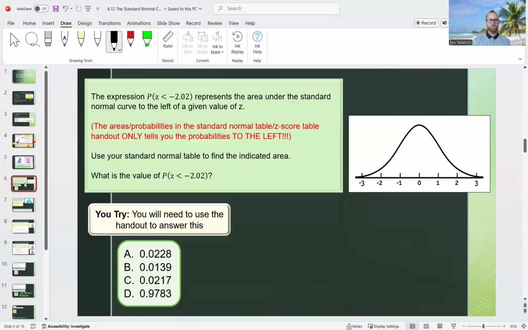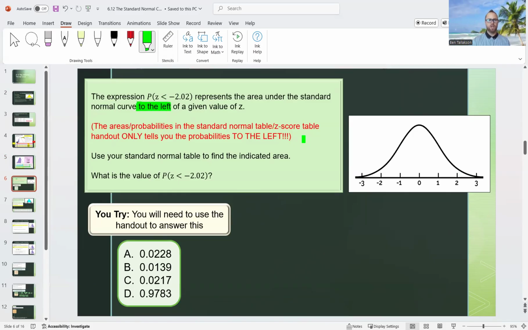And here we go. The expression, the probability of z being less than negative 2.02, represents the area under the standard normal curve to the left of a given value of z. This is super, super important.